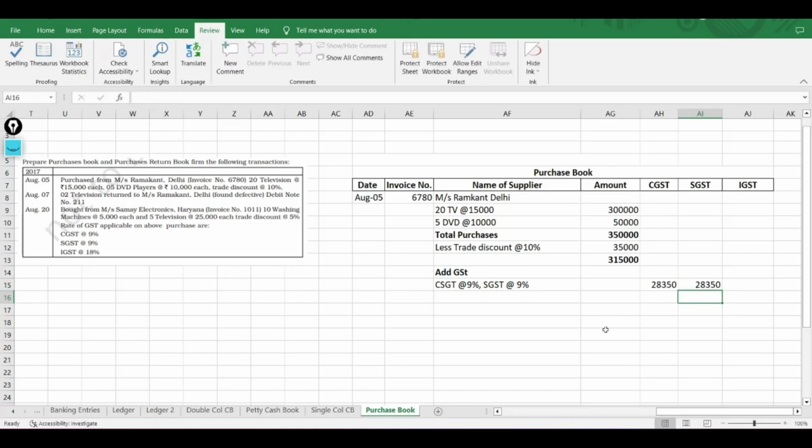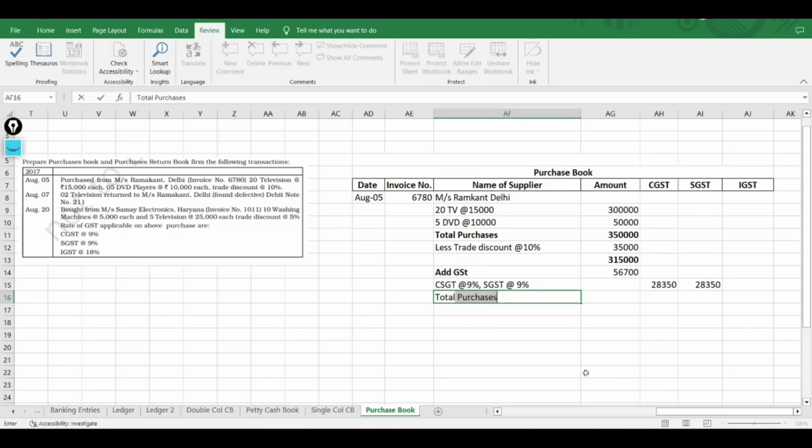So 28,350 and 28,350. Total of 56,000 is our GST. 56,100, sorry, 56,700 is our GST.